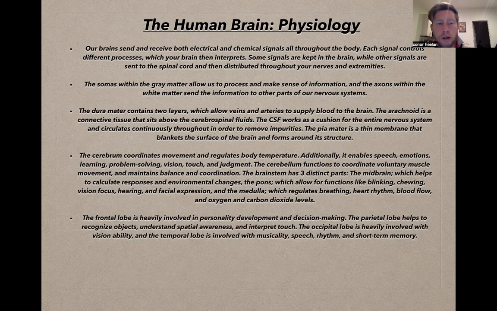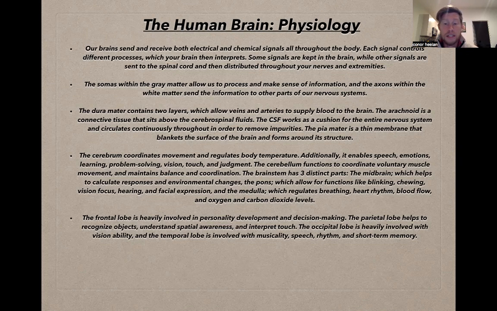Moving on to the cerebrum, it coordinates movement and regulates body temperature. Additionally, it enables speech, emotions, learning, problem solving, vision, touch, and judgment. The cerebellum functions to coordinate voluntary muscle movement and maintains balance and coordination.